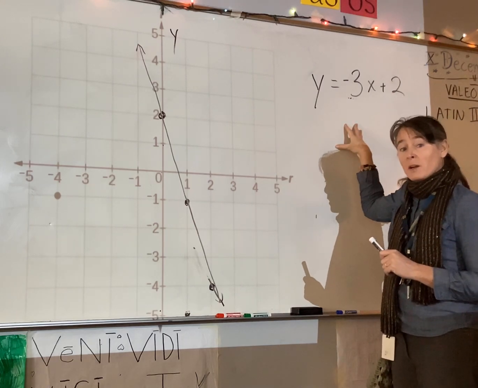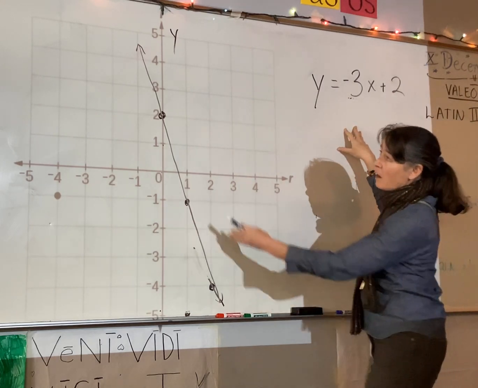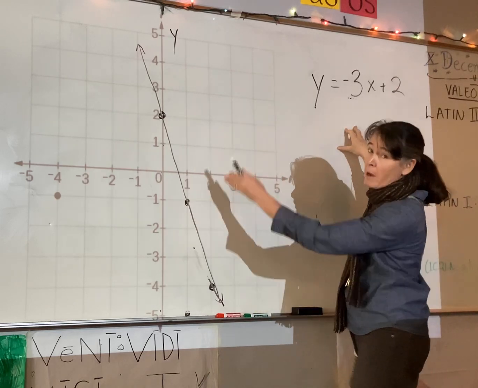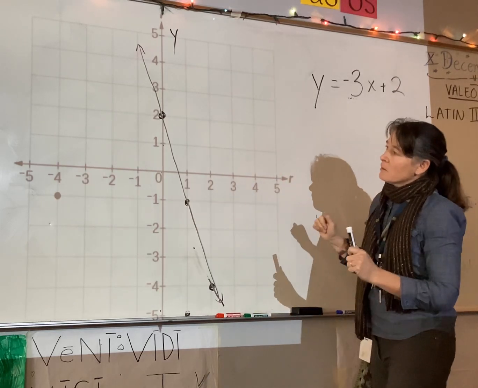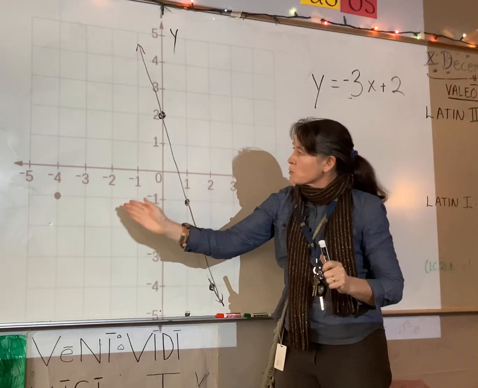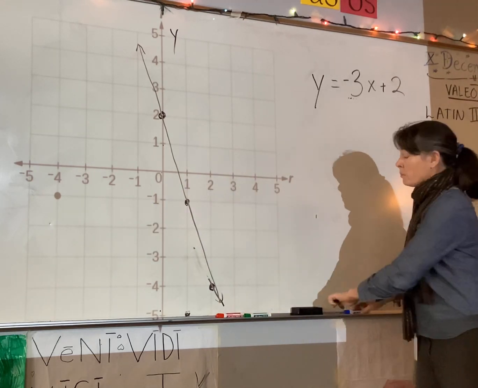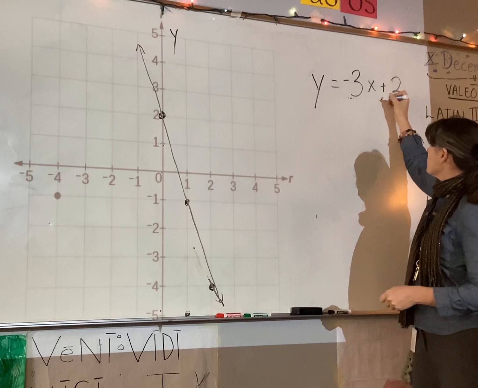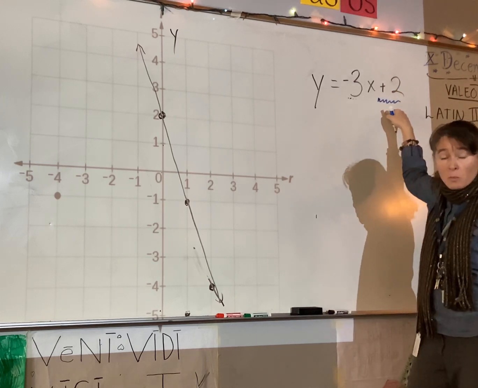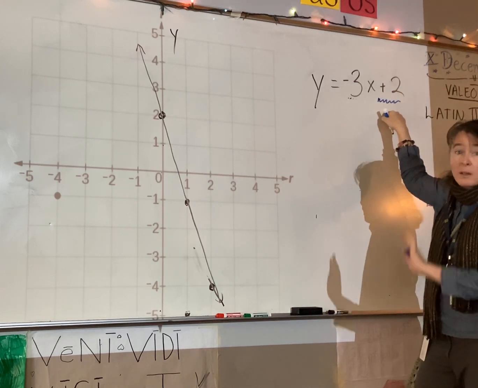One that will give us a parallel line, a line that lies beside this one like a railroad track and never meets it, and another line that is perpendicular, which will cut across it at right angles. So in order to get a parallel line, all we do is change the y-intercept. It can be any other number.